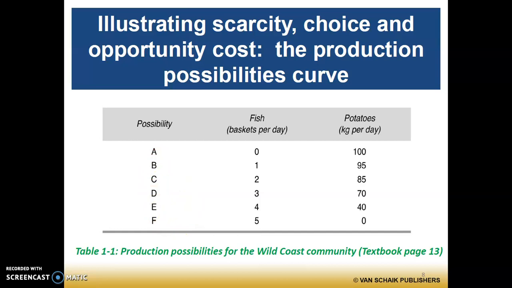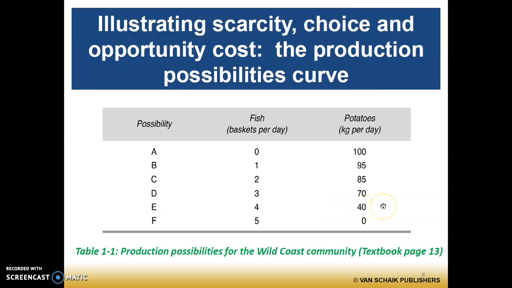So these combinations represent the maximum amount which can be produced with all the available resources. If the people in a community decide to produce combination E, they will be able to produce 4 baskets of fish and 40 kilograms of potatoes per day.